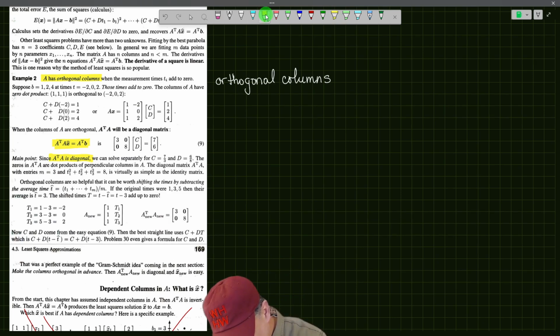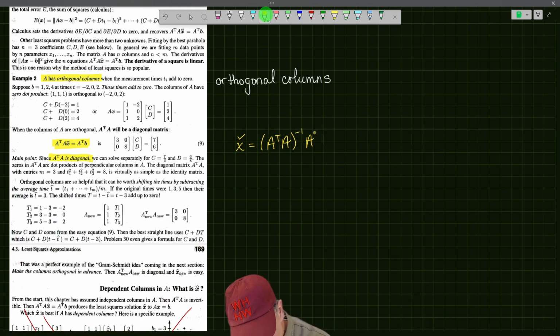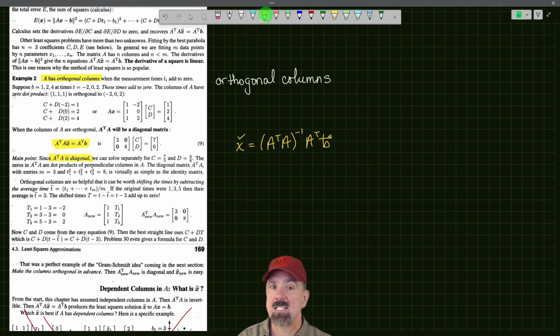So in the case where we have a diagonal matrix, we could immediately write down X as A transpose A inverse A transpose B. And these problems would be really easy to solve. Generally, we don't have an A matrix that has orthogonal columns, but we sure wish that we did.